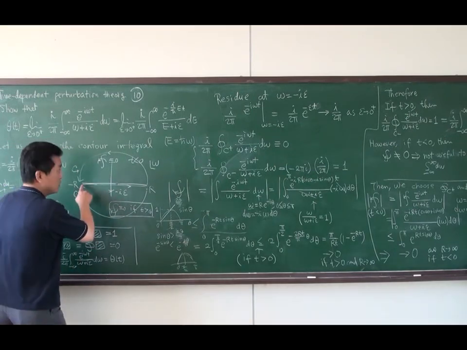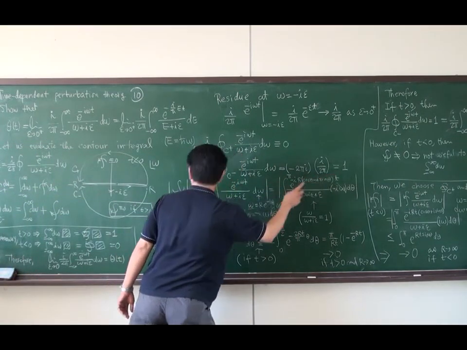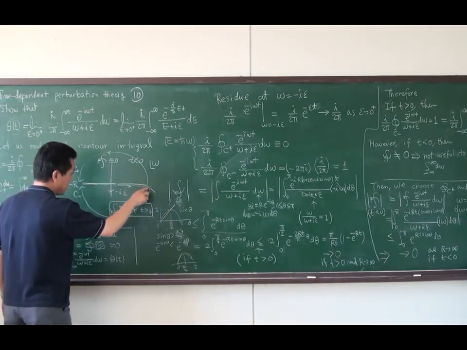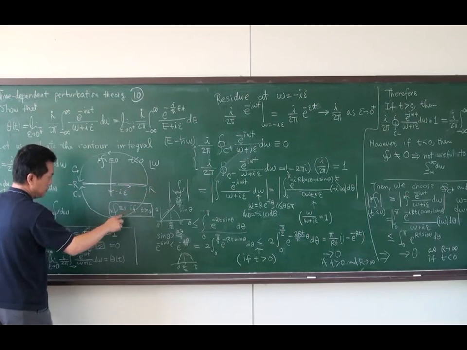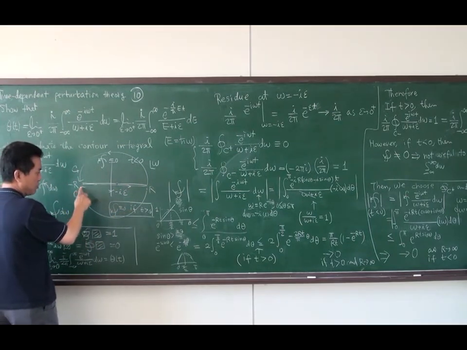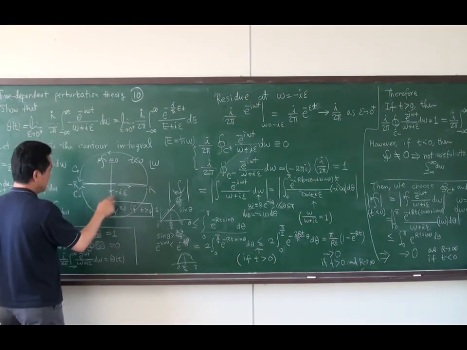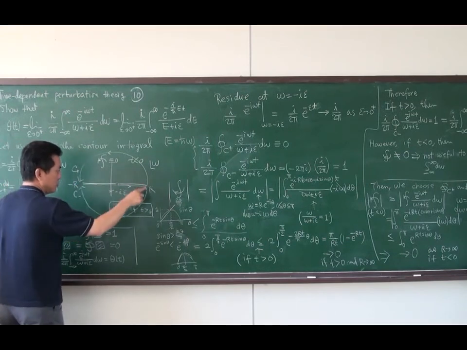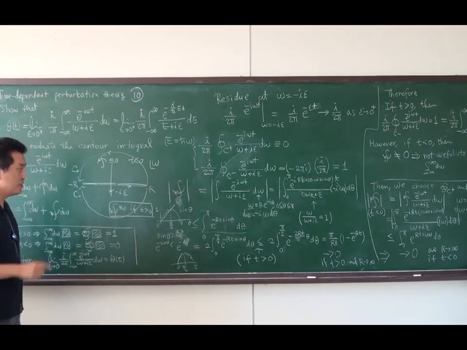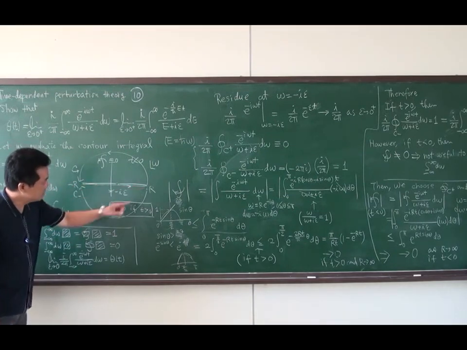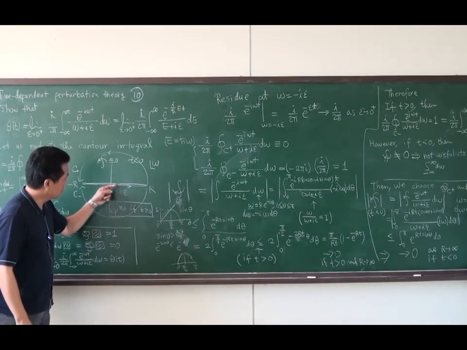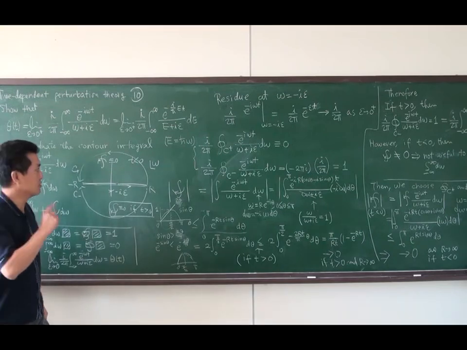Therefore, we know that this integral on this lower half plane is 1, and this one is 0. Therefore, if t is positive, the integral from minus r to r, as r goes to infinity, is 1. So if t is positive, this real integral along the real axis is 1.